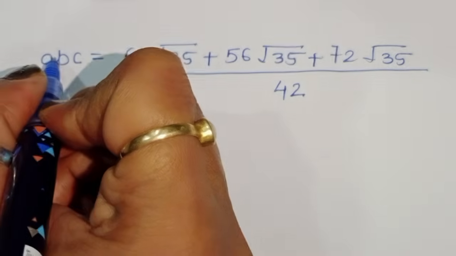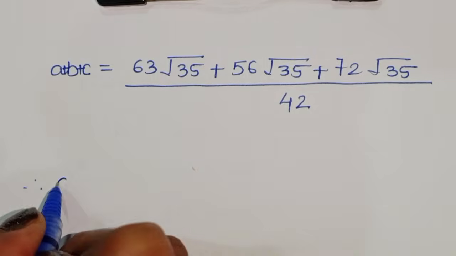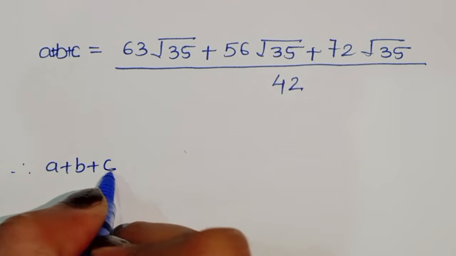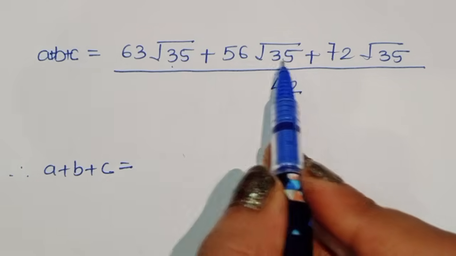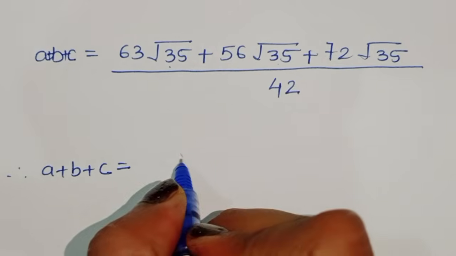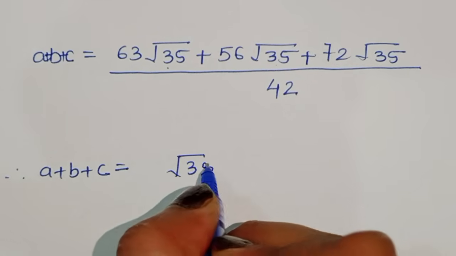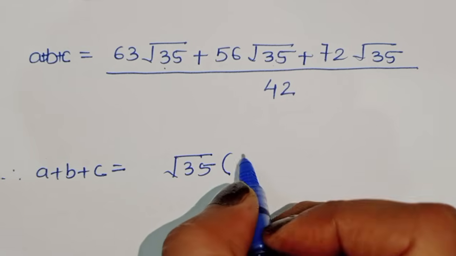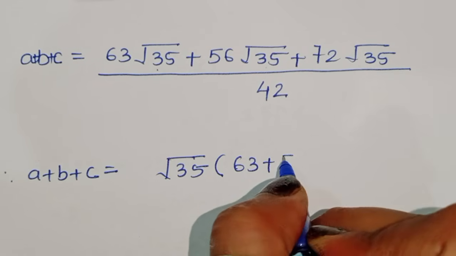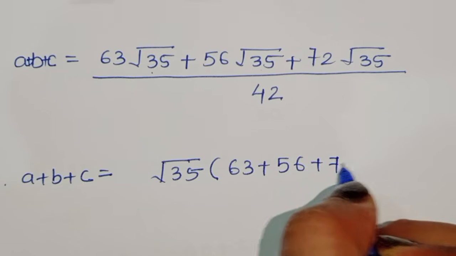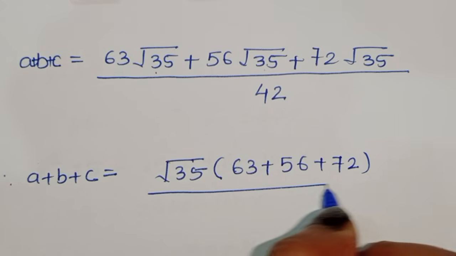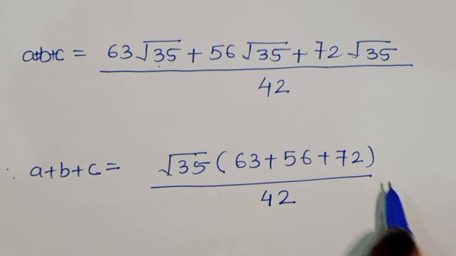Therefore we can say this is A plus B plus C. A plus B plus C is equal to, now square root of 35 is common in all, so we can take common square root of 35 under bracket 63 plus 56 plus 72, divided by 42.